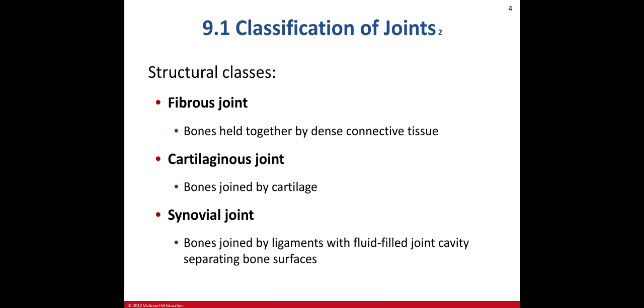Let's first look at the structures. What do we have? You can have a fibrous joint. That is bone held together by dense connective tissue. You can have a cartilaginous joint, which is bones held together by cartilage, or you can have a synovial joint, and that is bones joined by ligaments with a fluid-filled joint cavity that separates the bone surfaces.